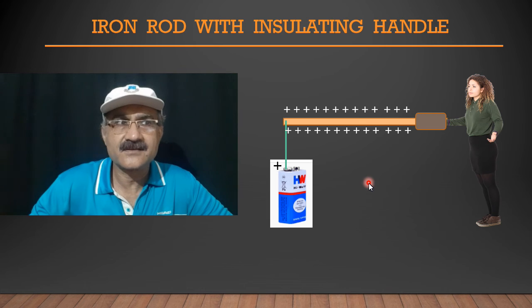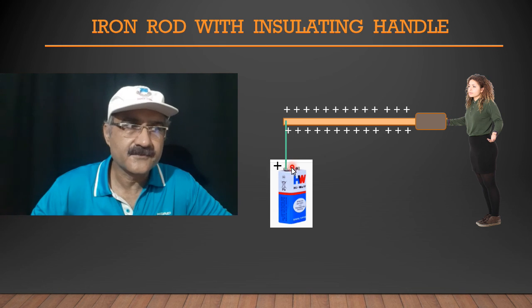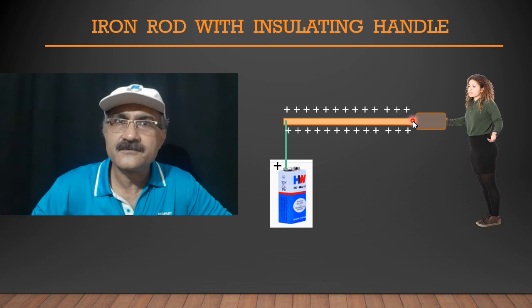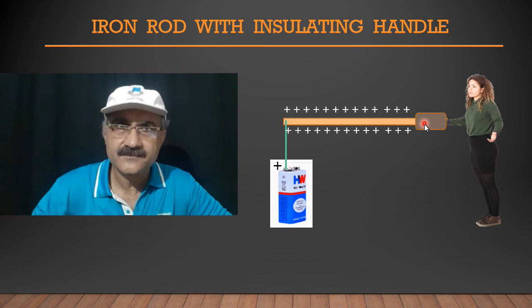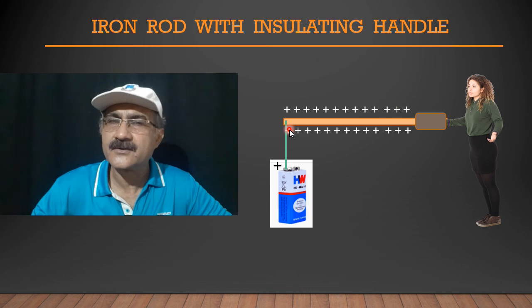Now let's take another case. Iron rod with insulating handle. So this is the iron rod, this is the insulating handle. So now there is no connection between the iron rod and our body. Now if we connect a cell like before, the positive terminal is connected to this end of the iron rod. Positive charges will flow to the iron rod. Now it cannot go further because this is an insulating material. So the positive charges will get distributed over the whole iron rod.